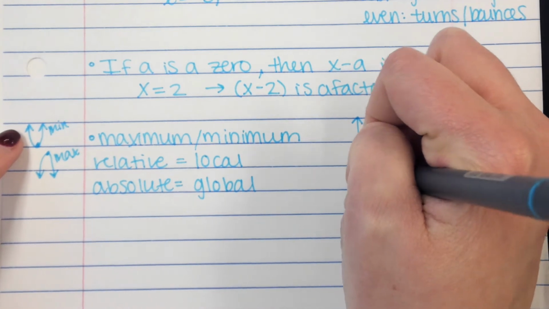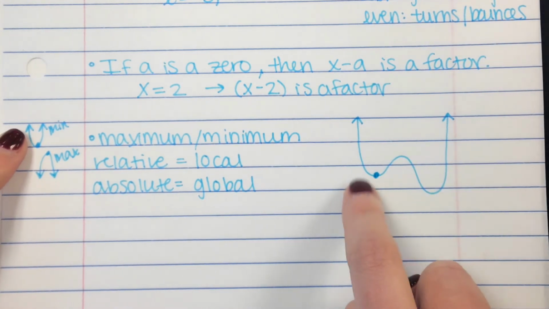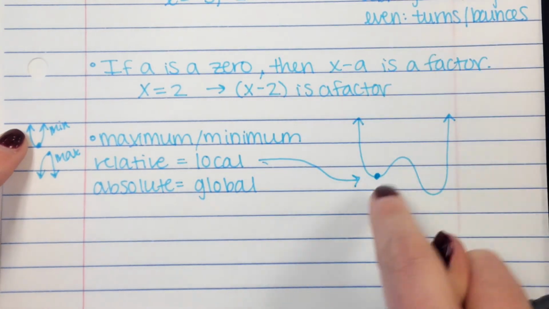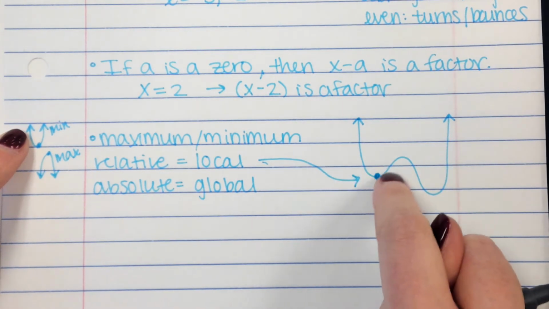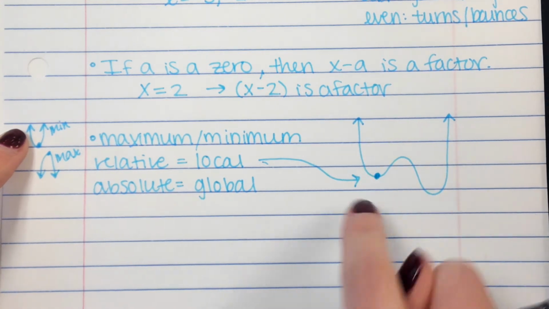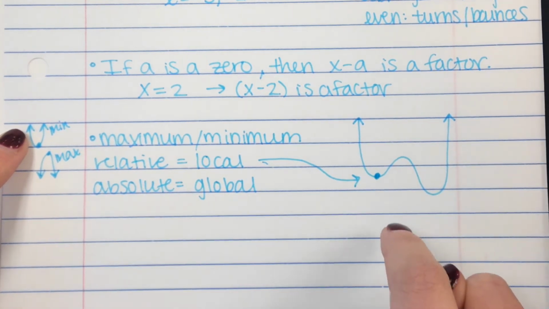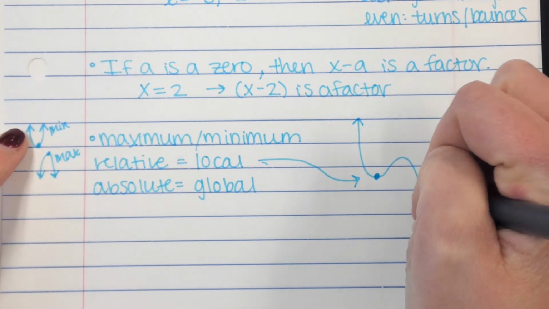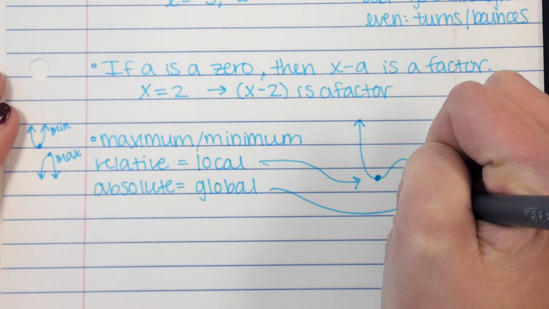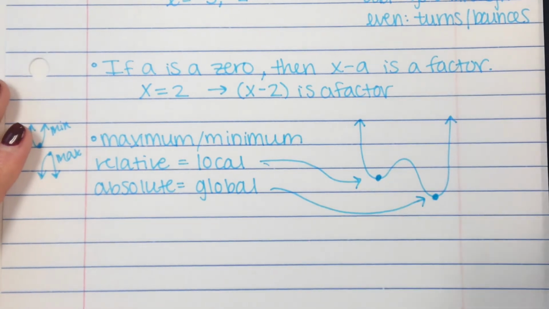So we could have a minimum there, but it's not the lowest point on the graph. It's a relative minimum because it's the lowest point in relation to this portion of the graph. Now, if I wanted the absolute minimum, then I would go here because that is the absolute lowest point on the graph.